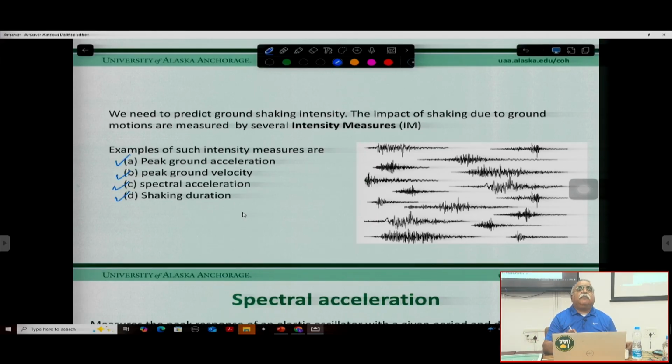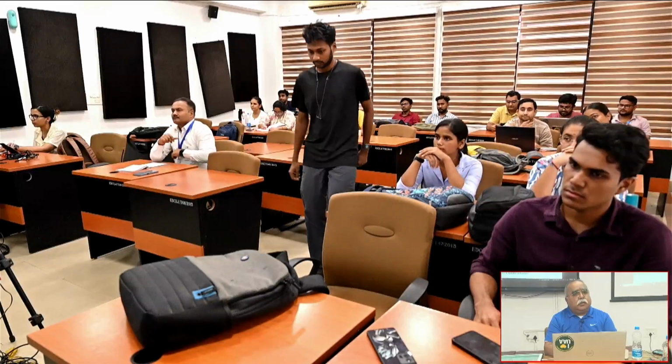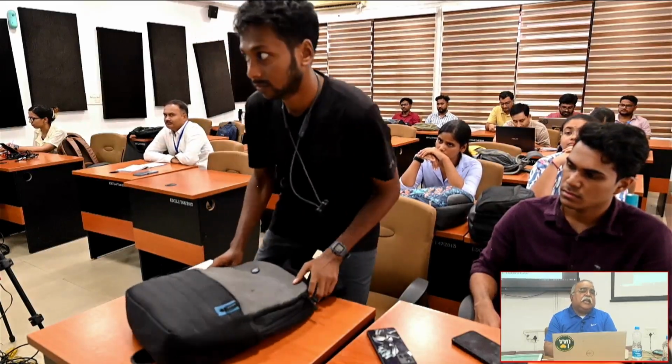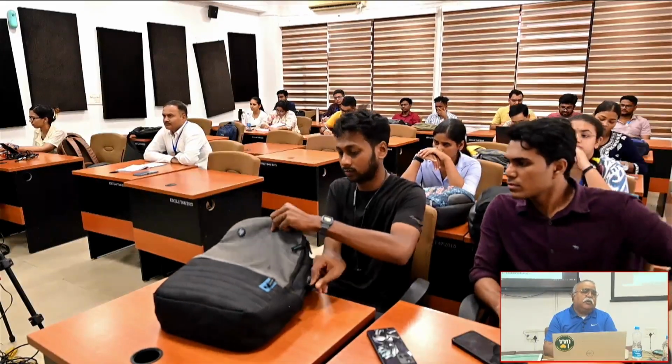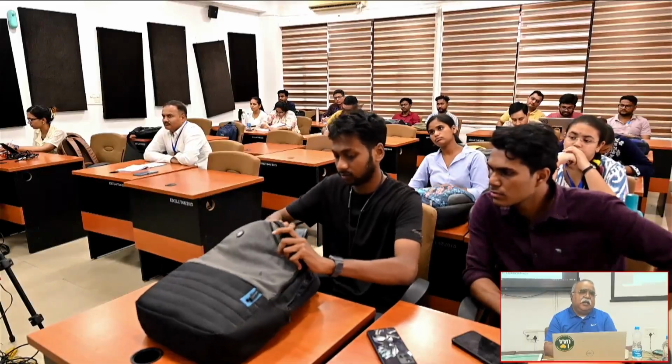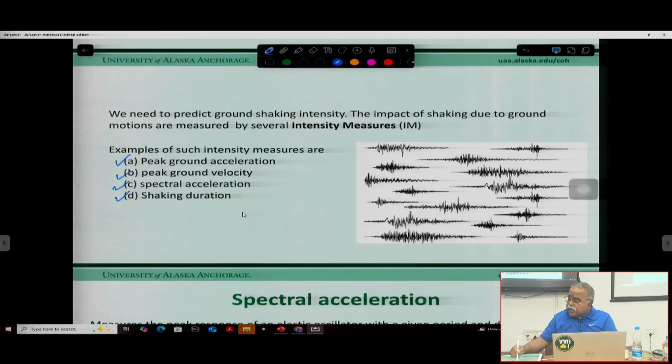So instead of calculating the probability of exceedance of the magnitude, we can also calculate the probability of exceedance of peak ground acceleration, or of the spectral acceleration or the spectral velocity. These are called intensity measures, so this is called IM.